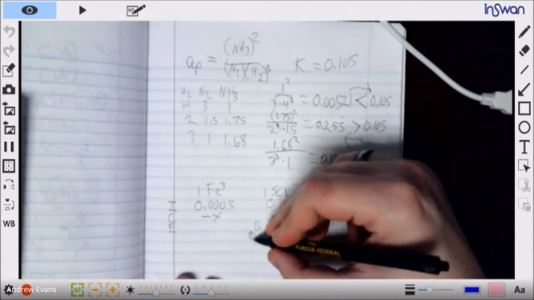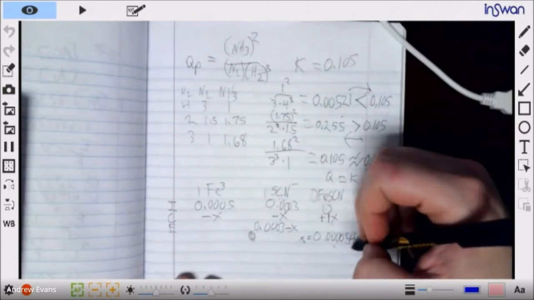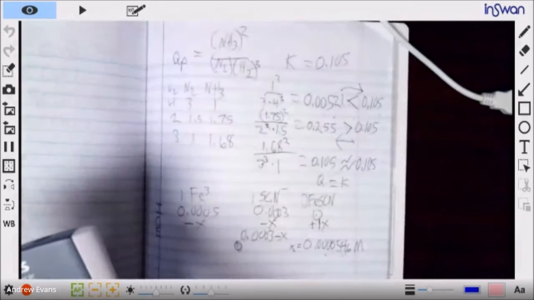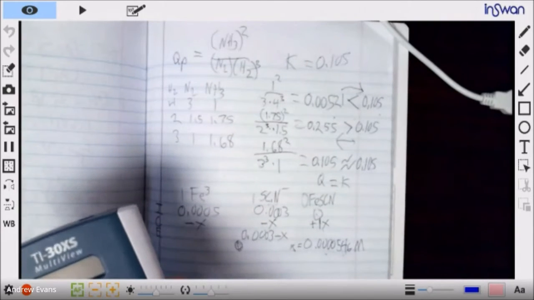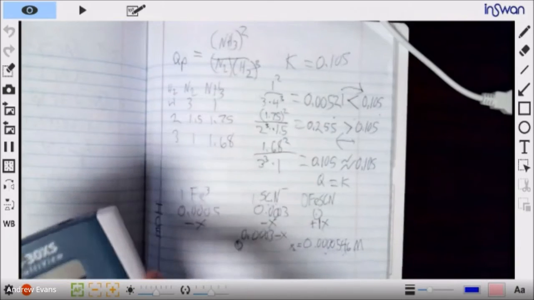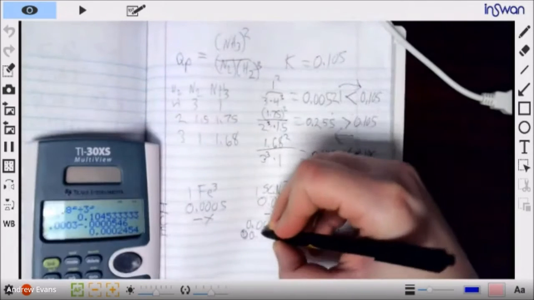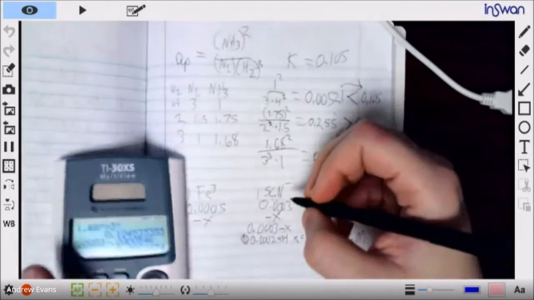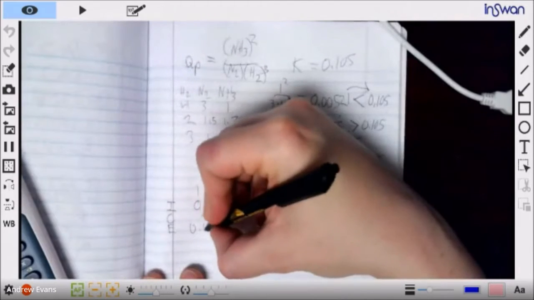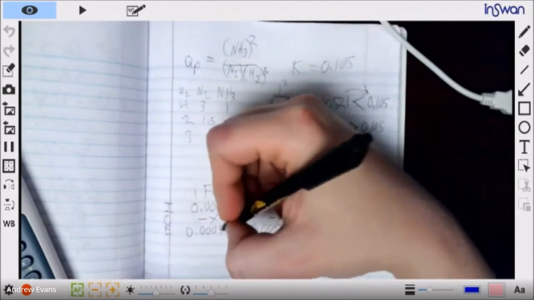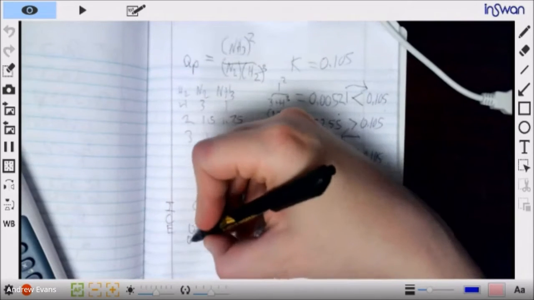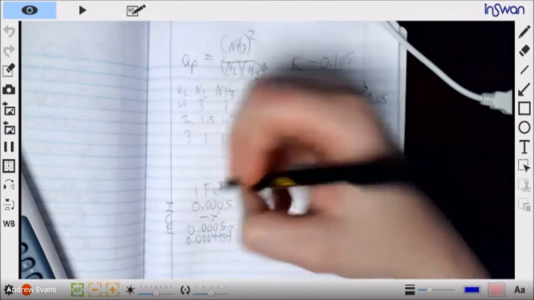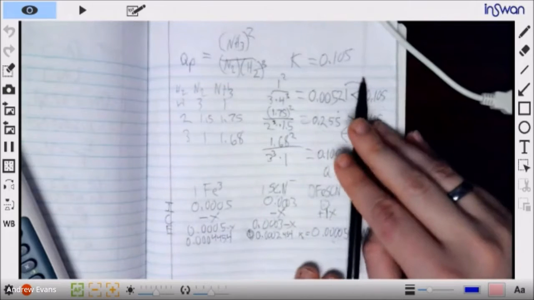Since we know x from here, we can figure this out: 0.0003 minus 0.0000546 is 0.000245. And this one would be 0.0005 minus x, so this would be 0.00044454. Yes, I just did that math in my head.